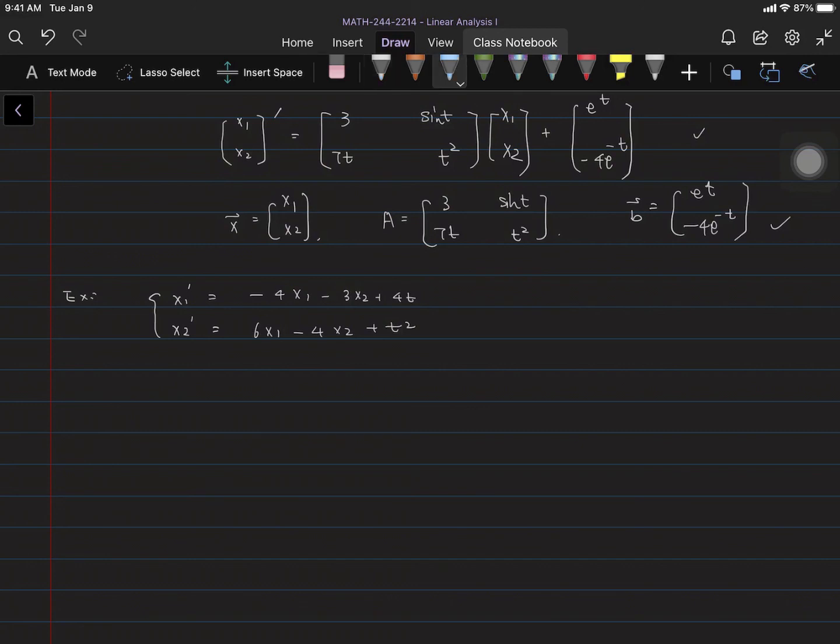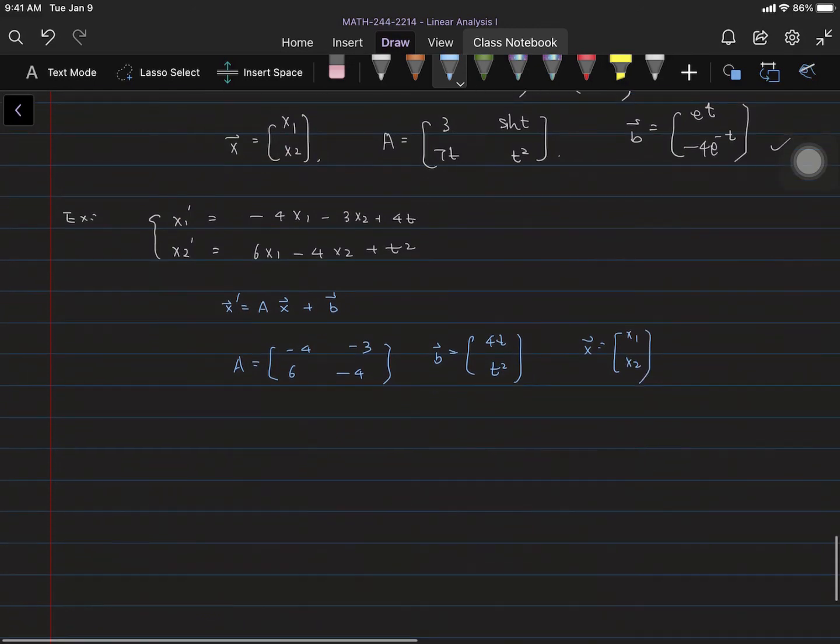Okay, here's the solution. The vector form is x prime equals Ax plus B. What is A? A equals -4, -3, 6, -4. What is B? B is 4t, t squared. And what is x? x is x1, x2.